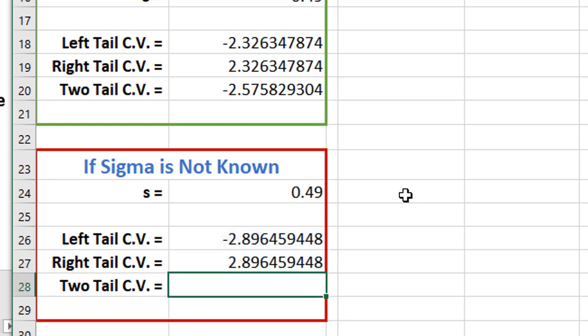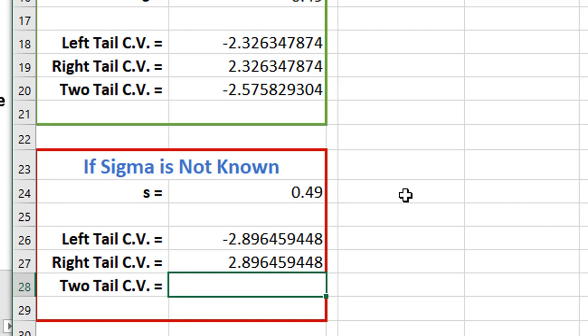For a two-tail critical value for a t distribution, we don't actually need alpha over 2. There is a special function for the t distribution that we don't have for the standard normal distribution, the NORM.S.INV function. That is T.INV.2T, which splits your alpha value directly into two tails.